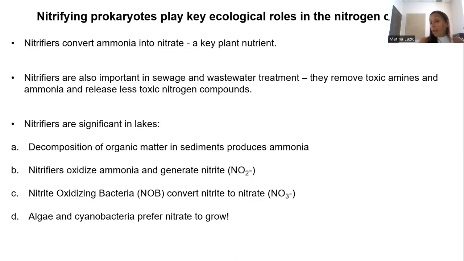So basically they are like integrated AOB and NOB, but they're very hard to cultivate in the lab. They would be much better for wastewater treatment and for plants, because AOB and NOB can generate a plant nutrient, nitrate, but they have to be together to do it.